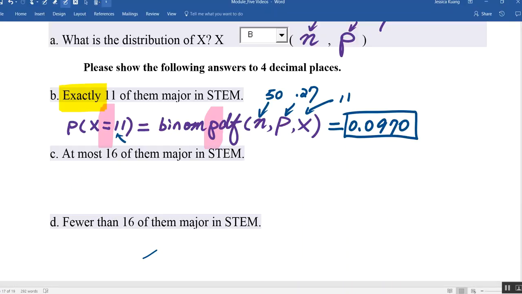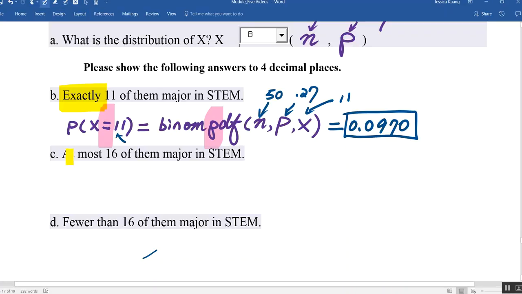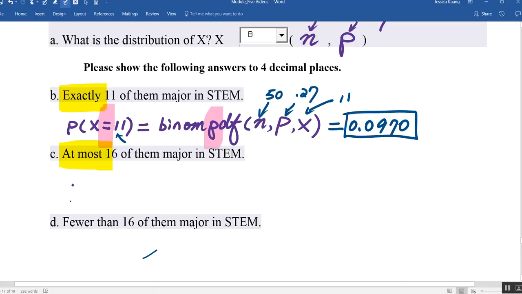The next question, I would like to know what is the probability that at most 16 of them are STEM majors. So at most means X less than or equal to 16. And when we have less than or equal to, we will use this function over here, binomcdf.